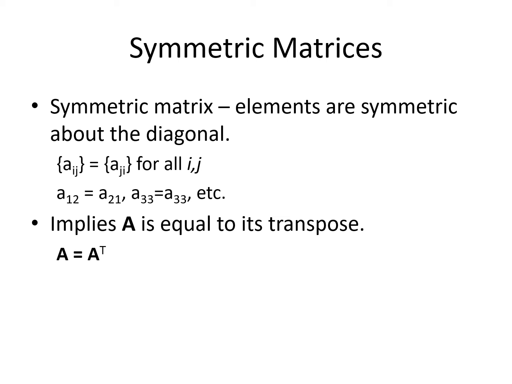For example, in that matrix A12 must be equivalent to A21, A33 equals A33. So you may say that by definition, if the original matrix A equals the transpose of matrix A, such a type of matrix is known as a symmetric matrix.